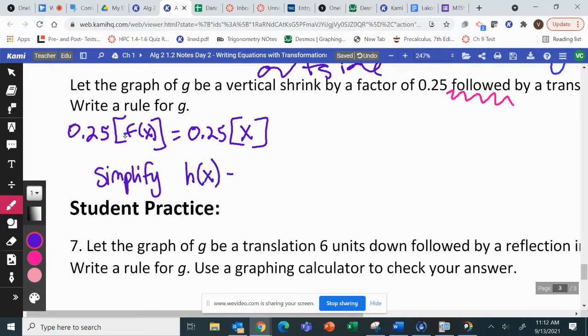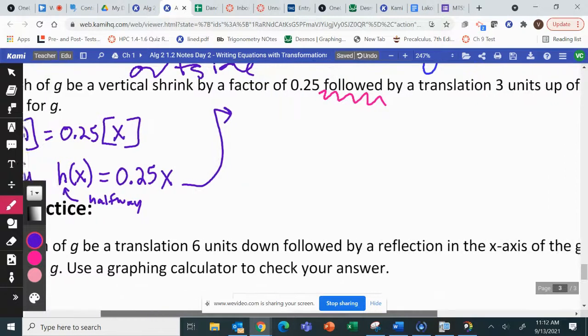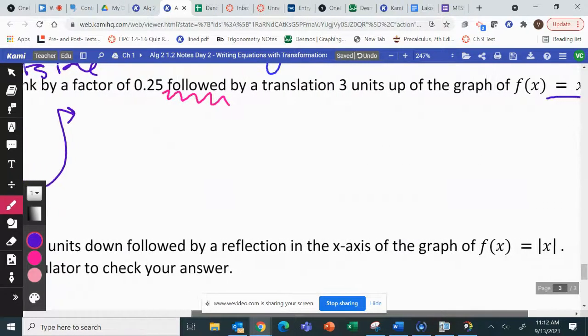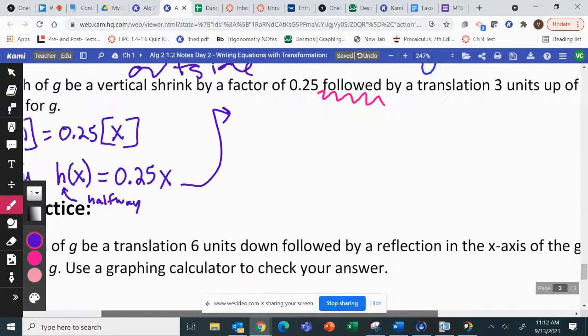My final answer is not h of x. My final answer is g of x. This h is like halfway through. We did the first half. I can call it whatever I want, but that's why I'm calling it h, because it's halfway. So after we do that, we have to do a second part. The second part comes after the words followed by: a translation 3 units up.